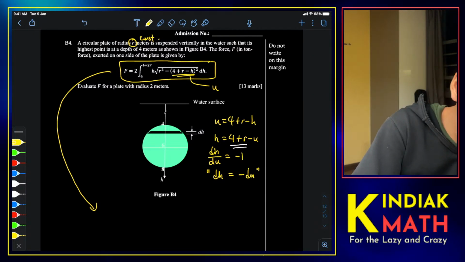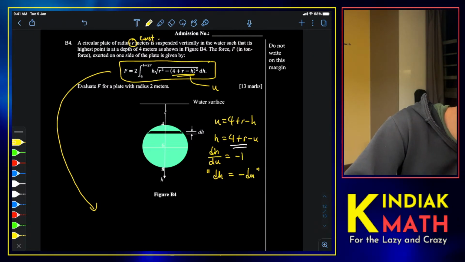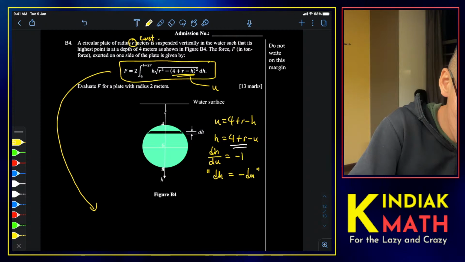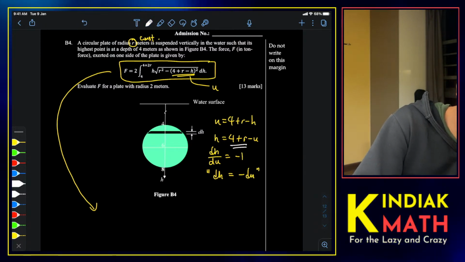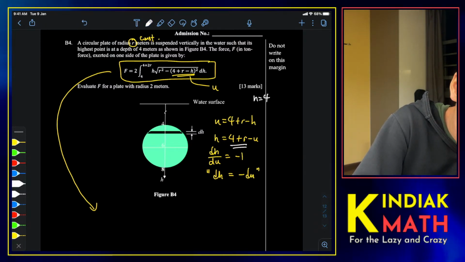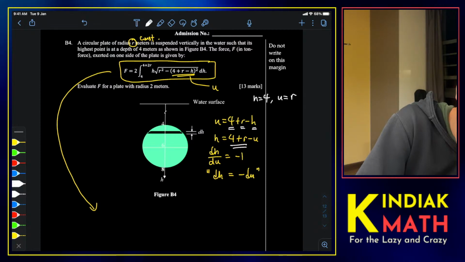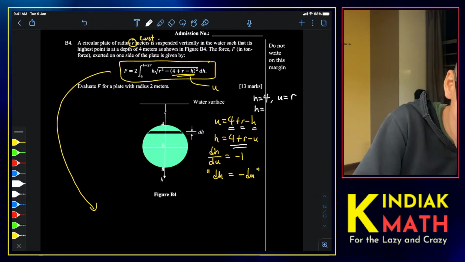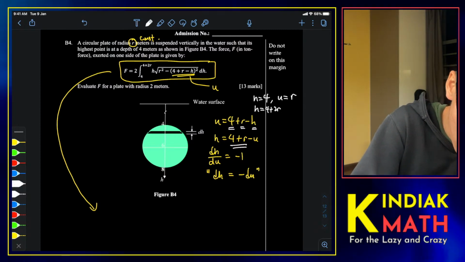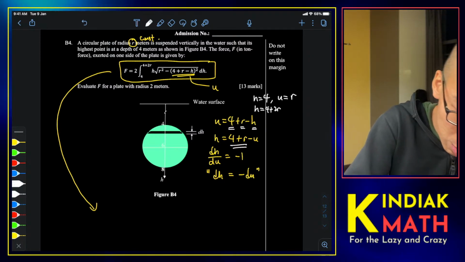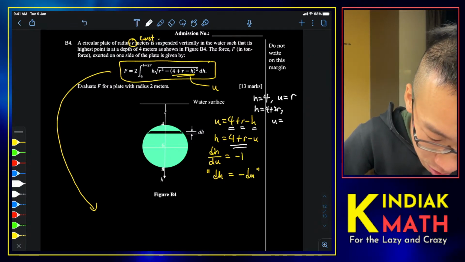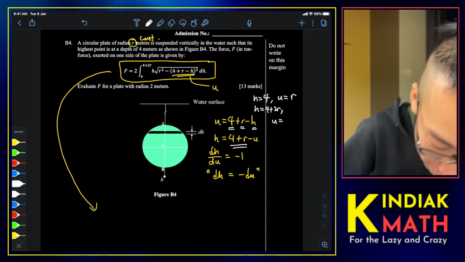On the other hand, we do know that over here we have h equals 4, right? So when h equals 4, then u equals 4 plus r minus 4. Now when h equals 4 plus 2r, then u equals minus r.